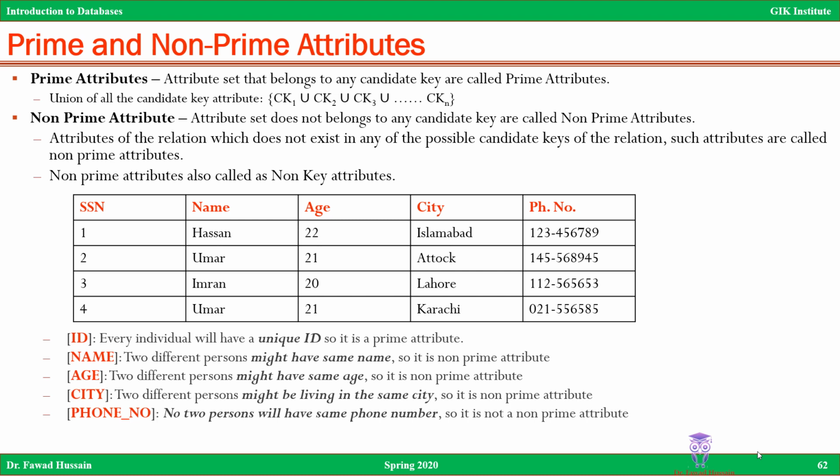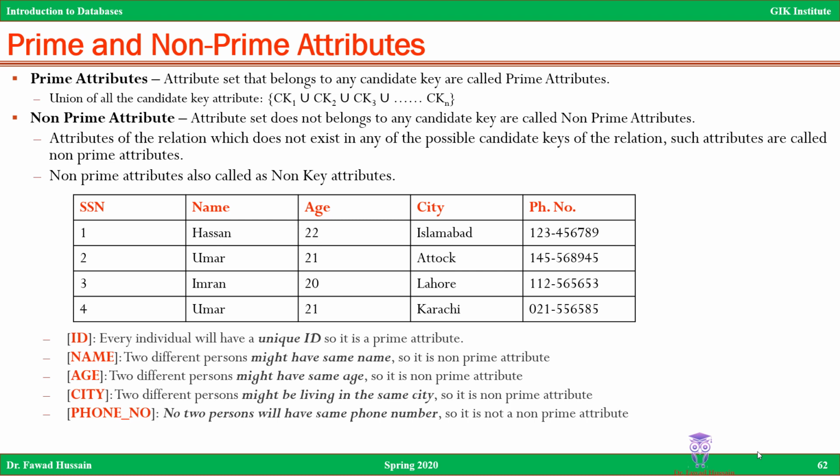They could have been a primary key, but they're not, but they're still candidate keys. So any attribute that is part of any candidate key is a prime attribute, and an attribute that is not part of any candidate key is called a non-prime attribute.